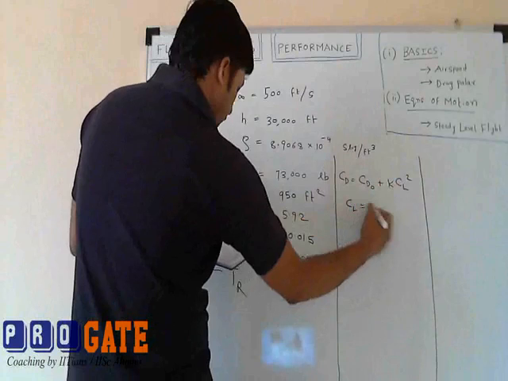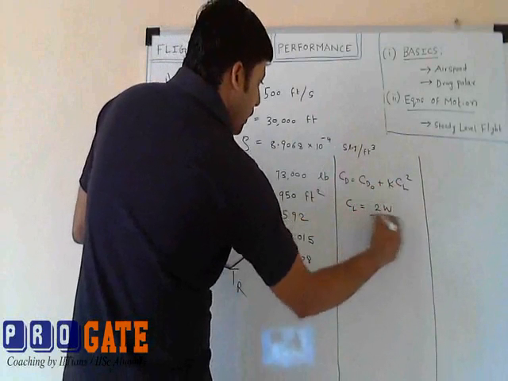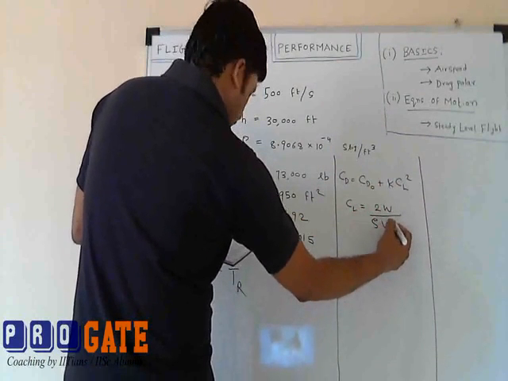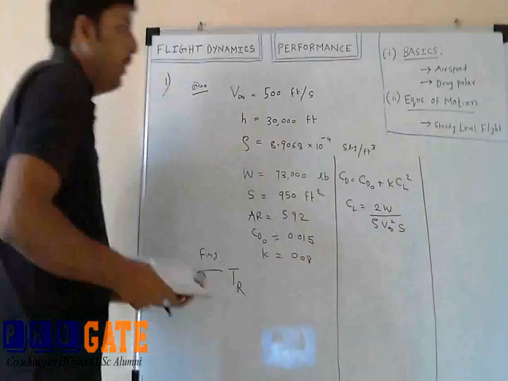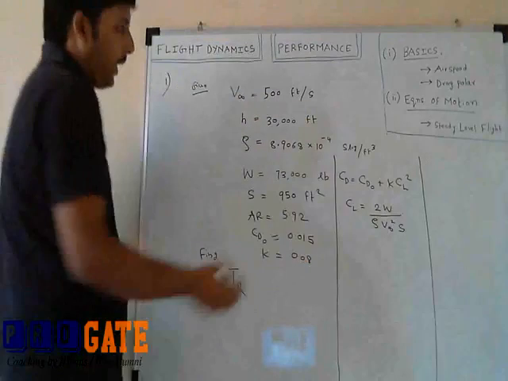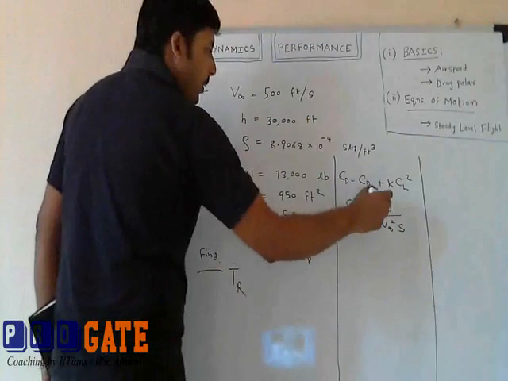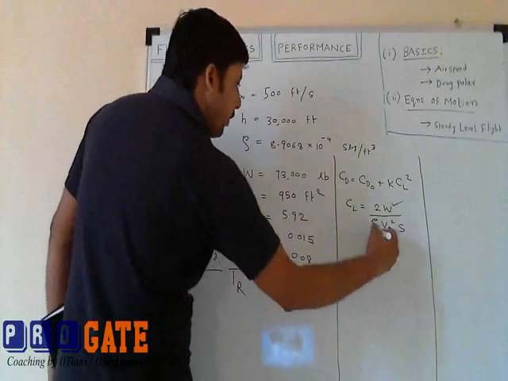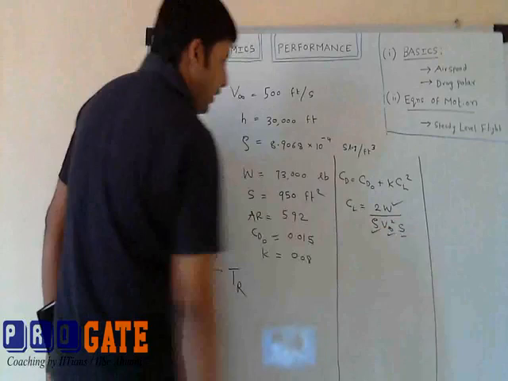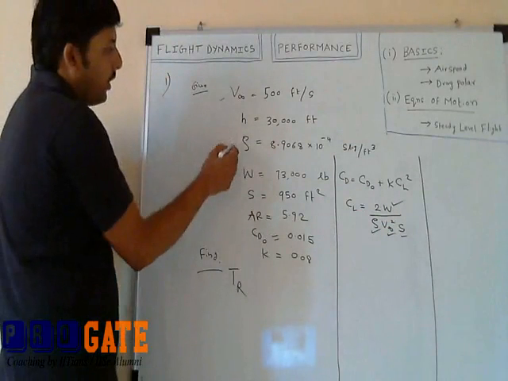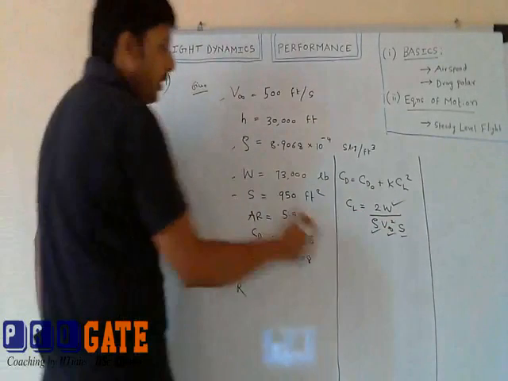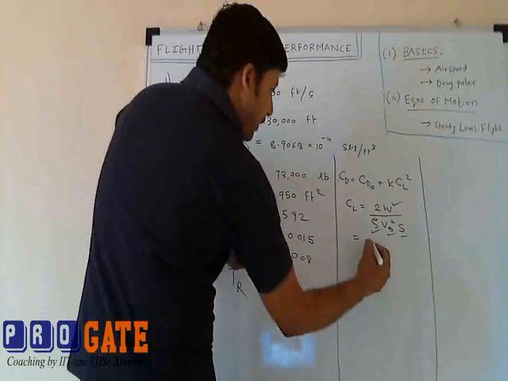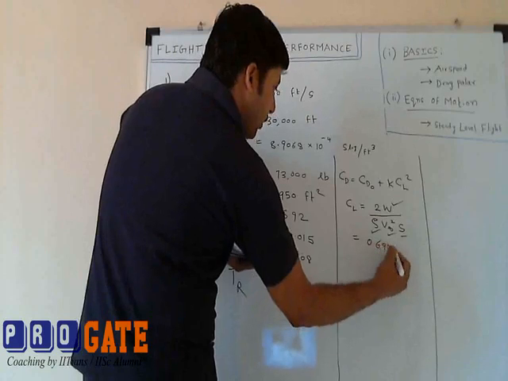CL is 2W over rho V infinity square into S. So the first step will be to calculate CL from given variables, like we know W, rho, V infinity and S. Using this, we will obtain CL as 0.6902.